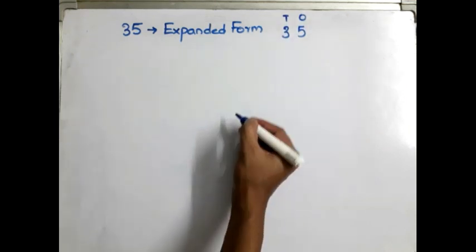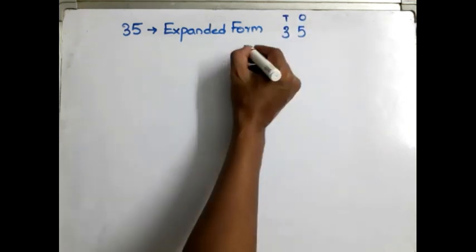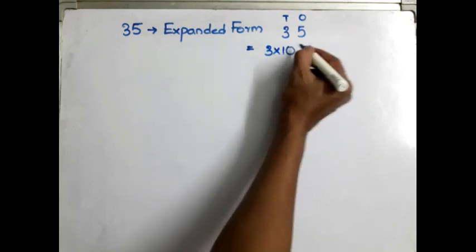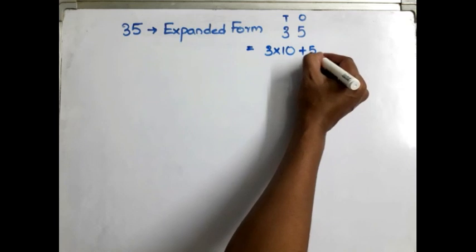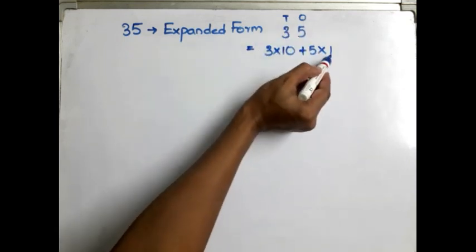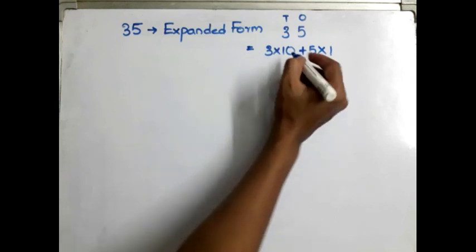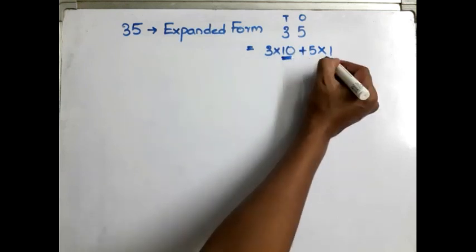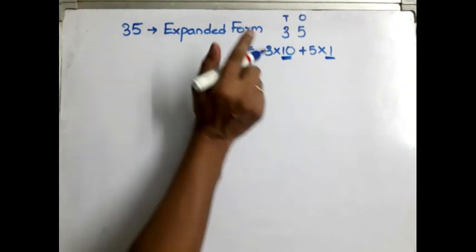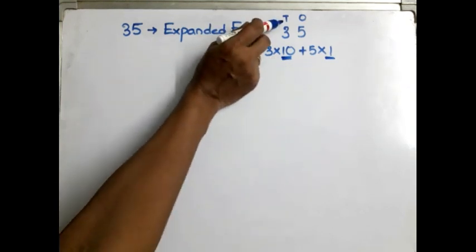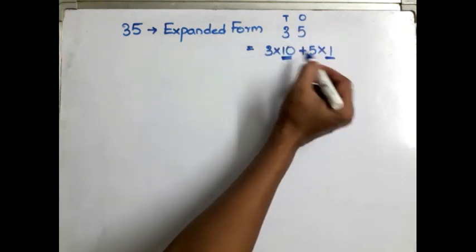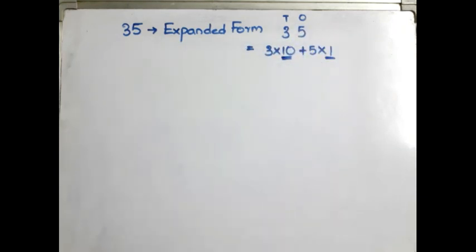The expanded form of 35 is going to be 3 into 10 plus 5 into 1. Because 5 is in ones place, so 1, and 3 is in tens place. This 10 is not a number. Please be careful. This 10 indicates place value. And here 1 indicates place value. This 1 and 10 are not the numbers.